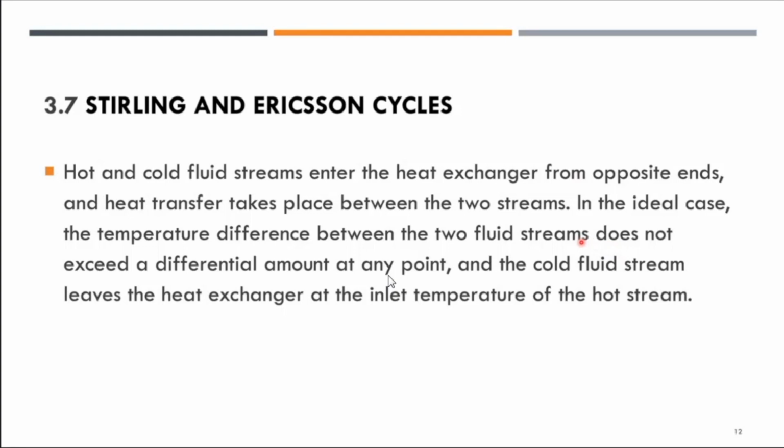And in this ideal case, the temperature difference between the two fluid streams does not exceed a differential amount at any point. And the cold fluid stream leaves the heat exchanger at the inlet temperature of the hot stream.